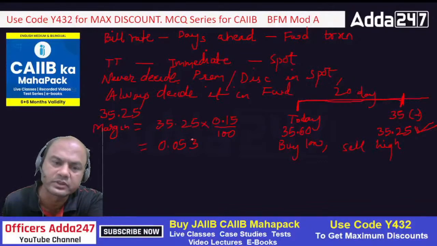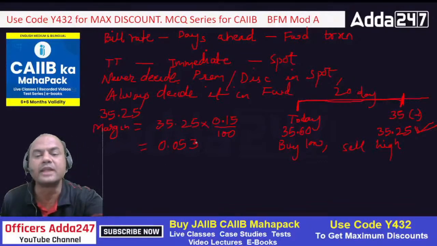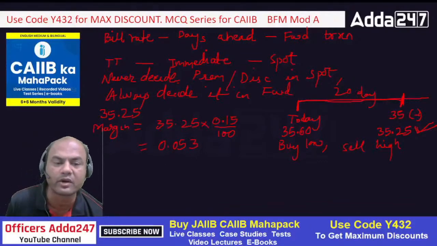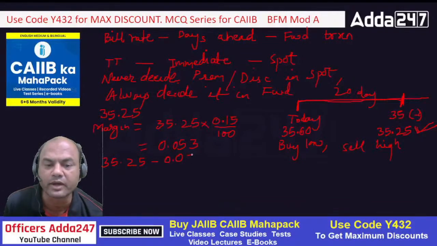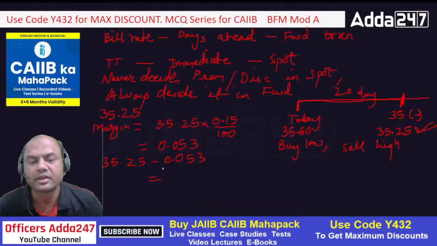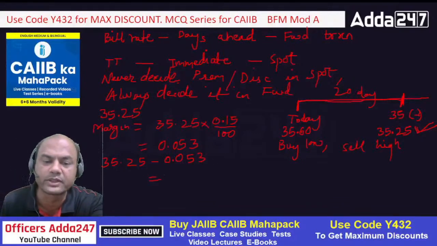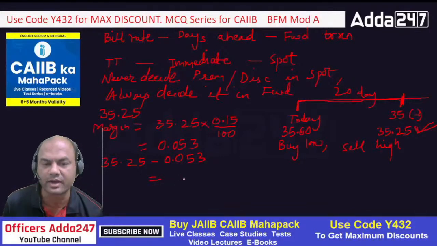So you can take it as 0.053. So what will I do now? I'll subtract this, because I'm doing buy, minus this margin 0.053. 35.25 minus 0.053. So the answer is 35.197, right?